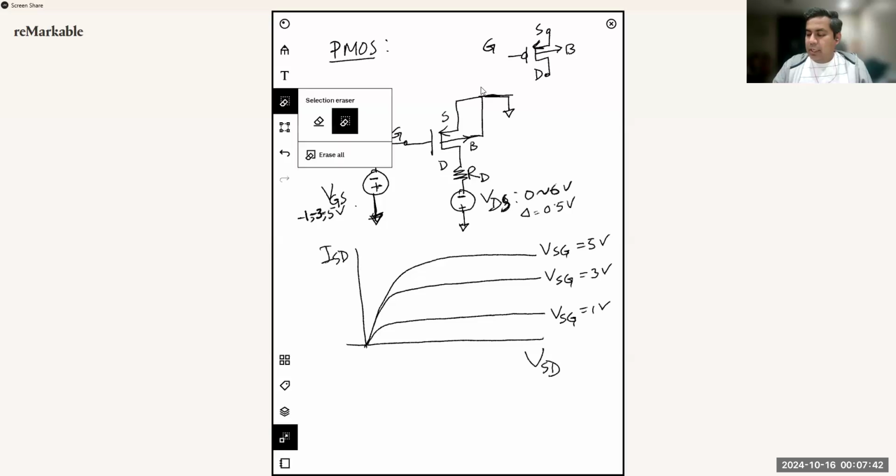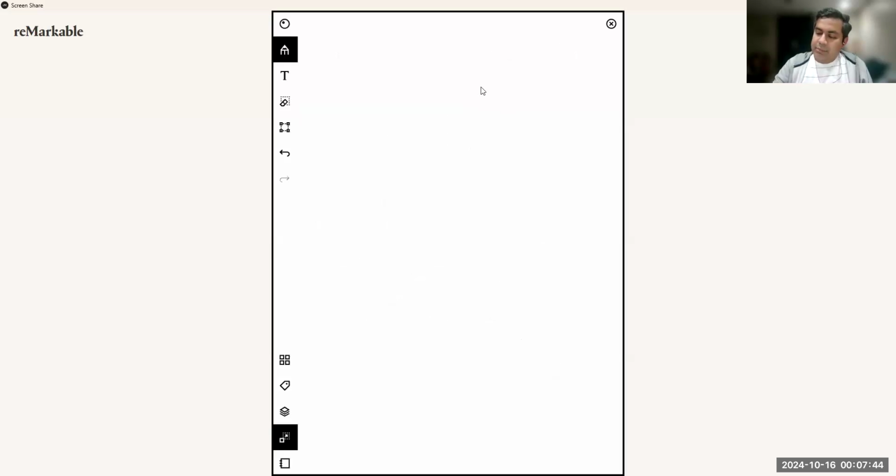And for the next part, the last part of this experiment, we are going to check the body biasing. So to do that, let's draw that circuit again. So this is source, body, drain, and just like the NMOS circuit, the gate is shorted to drain.